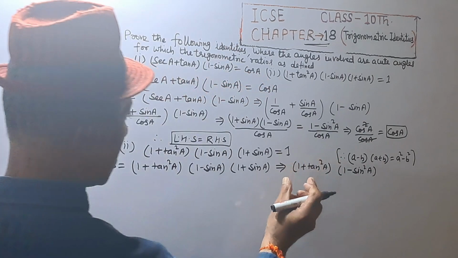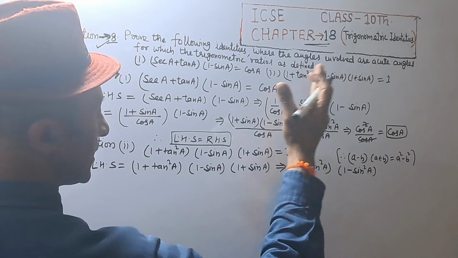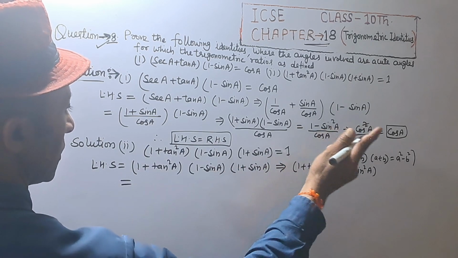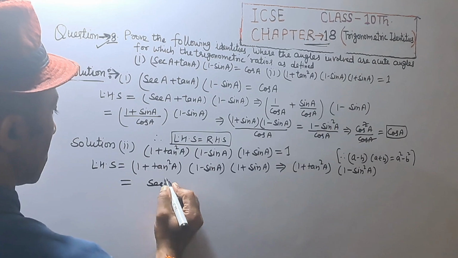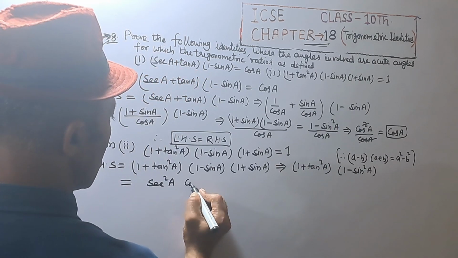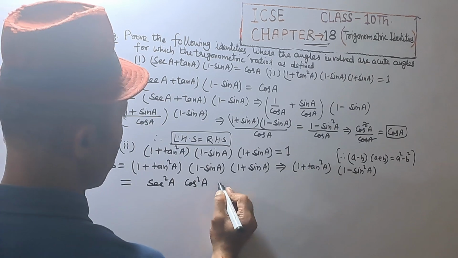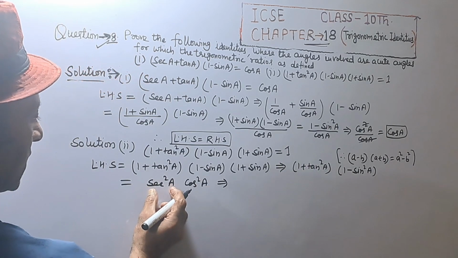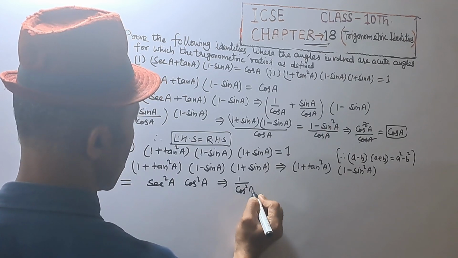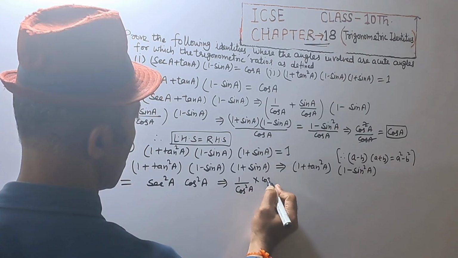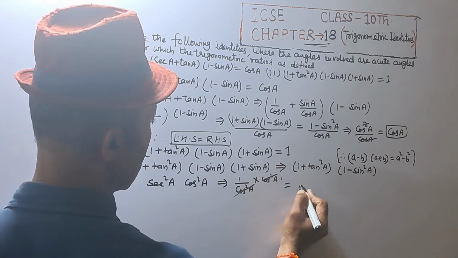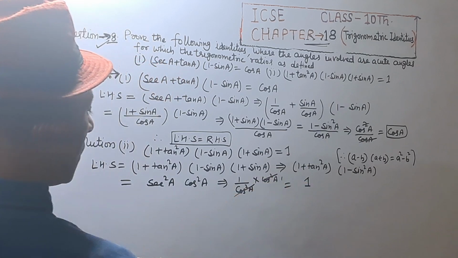As we know that 1 plus tan square A is equal to secant square A, and 1 minus sin square A is equal to cos square A, which implies secant square A, we can write 1 upon cos square A, into cos square A. This is cancelled and we get 1.